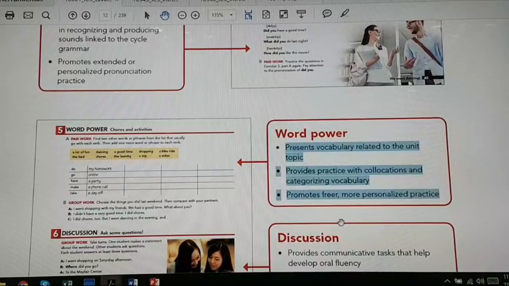Word power also promotes freer, personalized practice. Why do we call it word power? Well, it gives students the ability to communicate. The more vocabulary you give them in context, the better your students are at making more complex sentences and expanding their ideas, and that way students will feel more comfortable using the language.